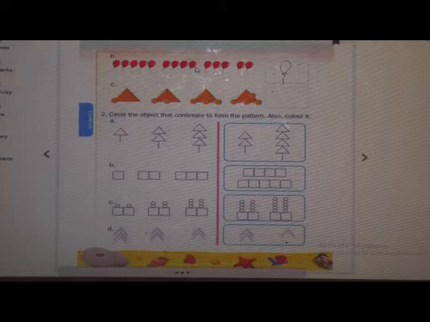Now next you will do. Okay, see, check out the picture. Triangle is common, and on that triangle there are circles. So see whether the circles are increasing or decreasing, and draw the next one. Come on, be fast, dear students.